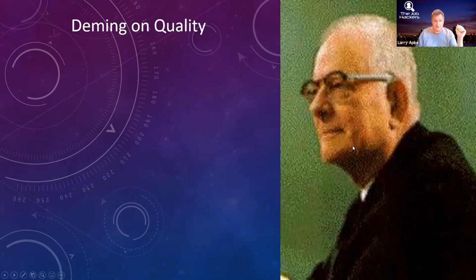Because unfortunately, most people think that you can inspect quality into a product. You know what inspection is, right? Inspection is something we do after we've created the product. We create something and we see, is this to our specification?